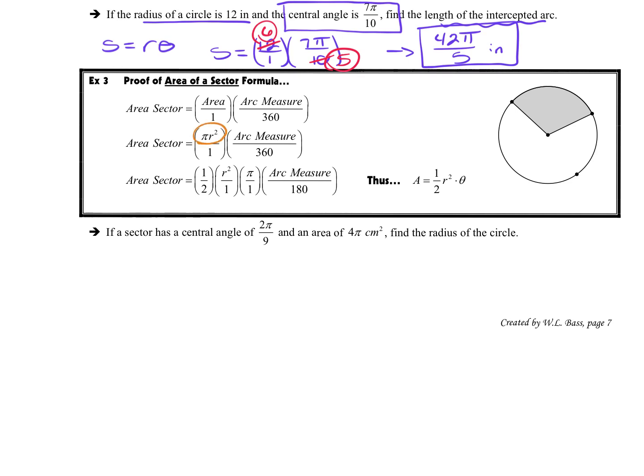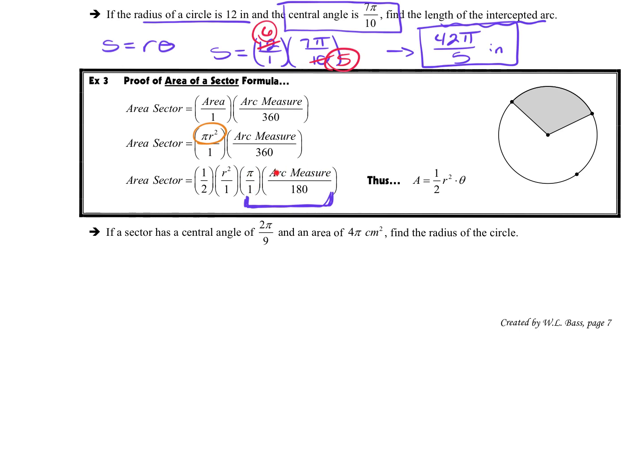Then I did, again, a little bit of rearranging. So I took my 360 and I split that apart. That's where this 2 and the 180 came from. And I split that apart so that I can now, again, identify the representation of the arc measure in radians.